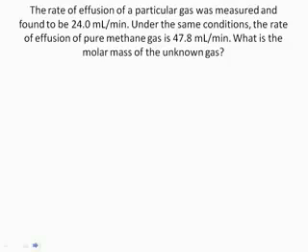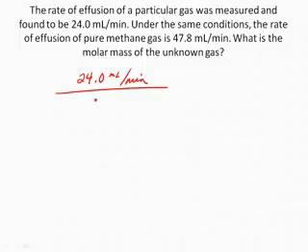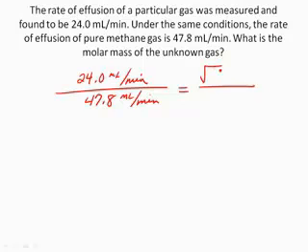Okay? Another type of problem that you'll see is one like this, where we're given the rate of 2 of these gases. So I have 24 milliliters per minute for our unknown gas, and methane gas is 47.8 milliliters per minute, and so that's going to be equal to the square root of the mass of methane over the square root of the mass of the unknown.